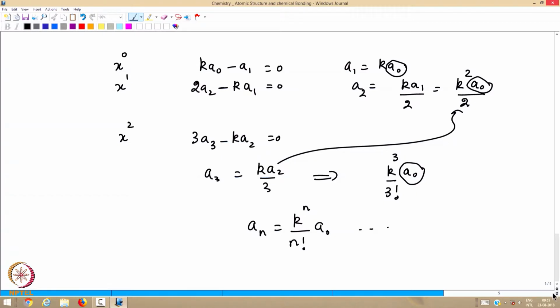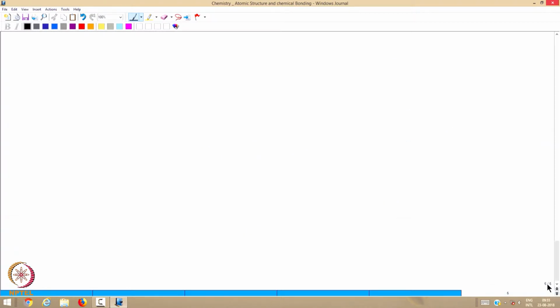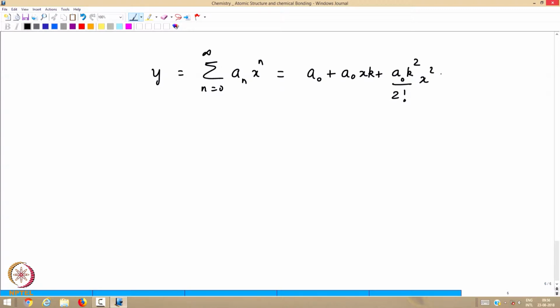Therefore, now you have found the solution for the differential equation, namely y is equal to sum over n equal to 0 to infinity a n x raised to n, given by a naught plus a naught k x plus a naught k square by 2 factorial x square plus a naught k cube by 3 factorial x cube and so on.